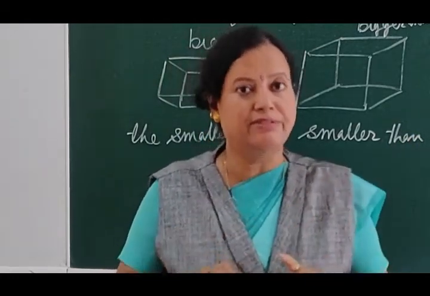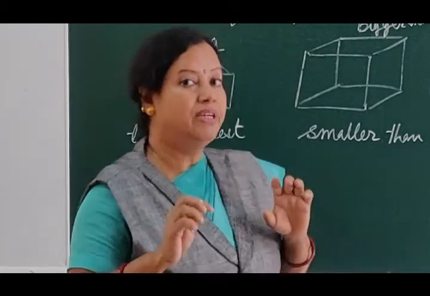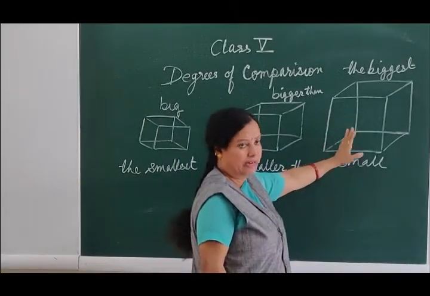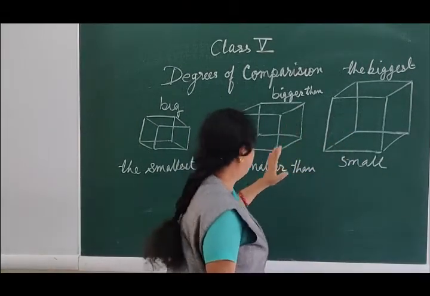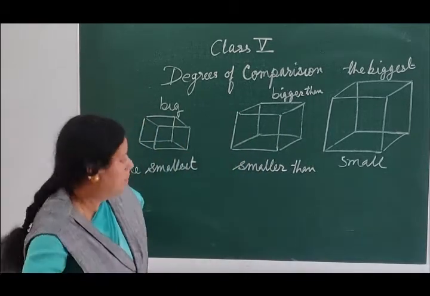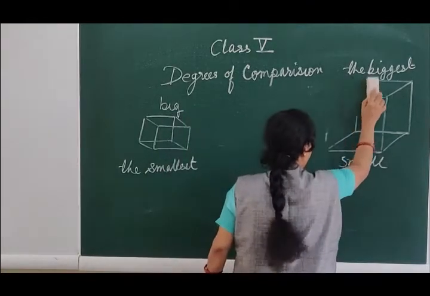Okay? In superlative degree, we are using the. When we compare more than two, first is positive degree or adjective, second one is comparative degree and third one is superlative degree. So, let me show you this again. I am going to rub it and I will tell you.